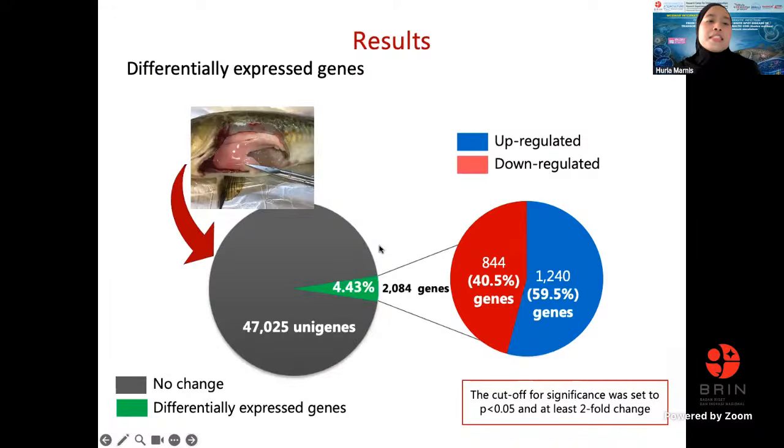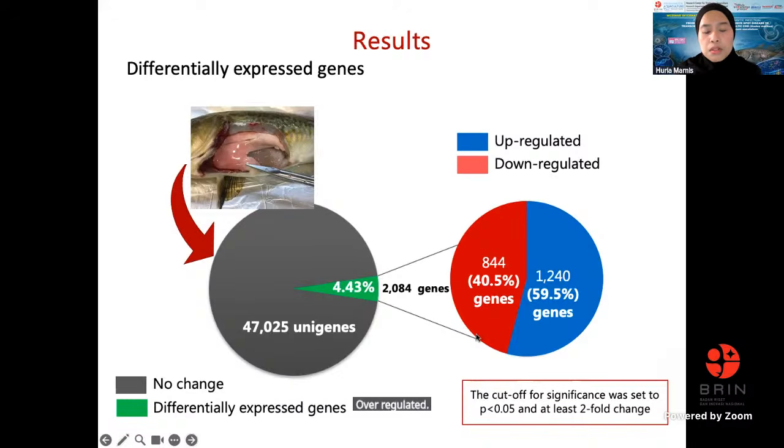For differentially expressed genes, out of around 47,000 unigenes, we found around 4.43%, or around 2,000 genes, were regulated.